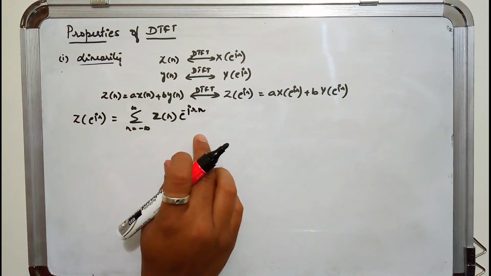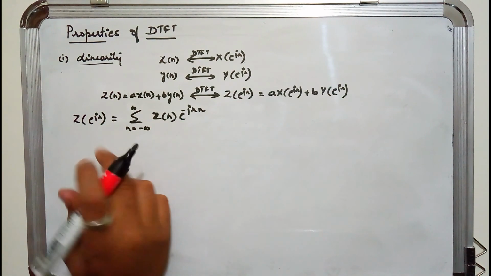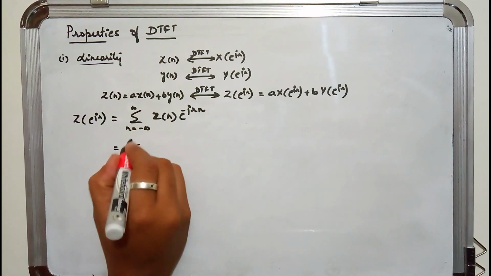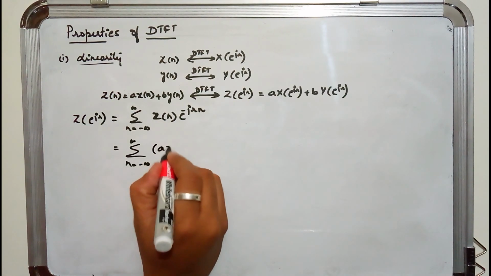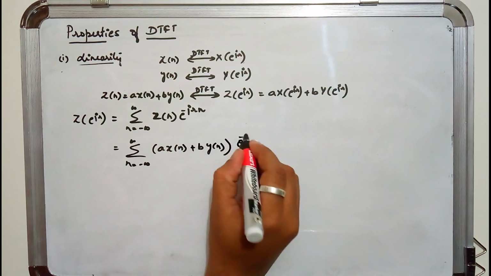This is from the basics, because X of e power j omega is x of n e power minus j omega n, and x will become z of n.